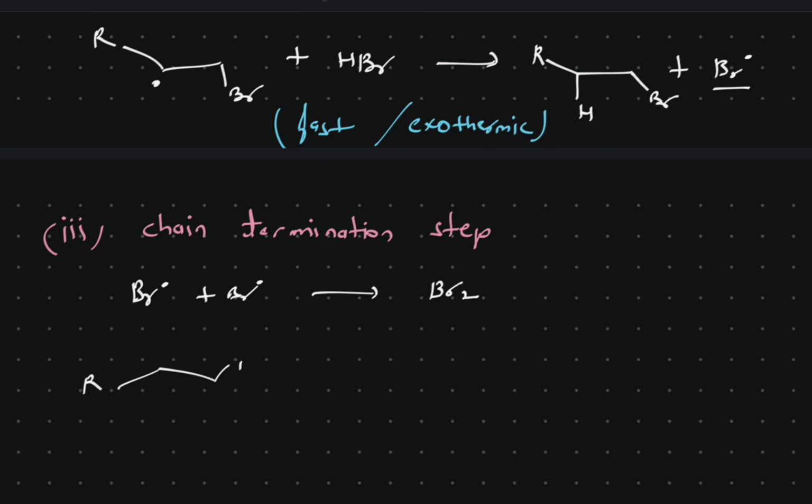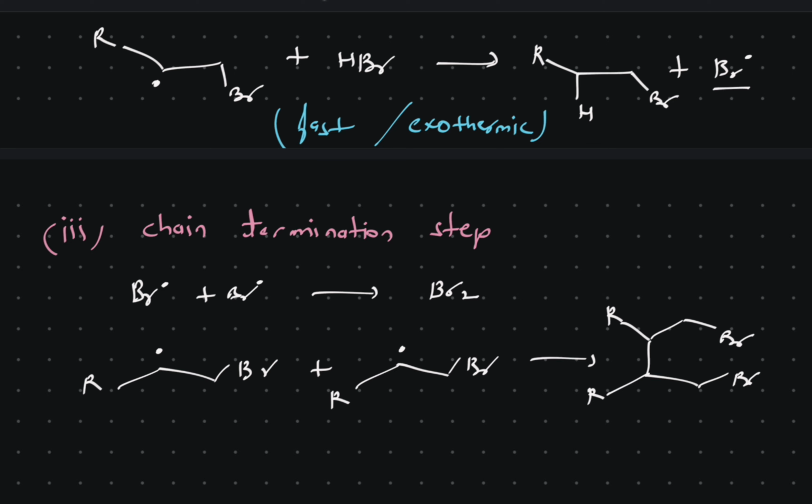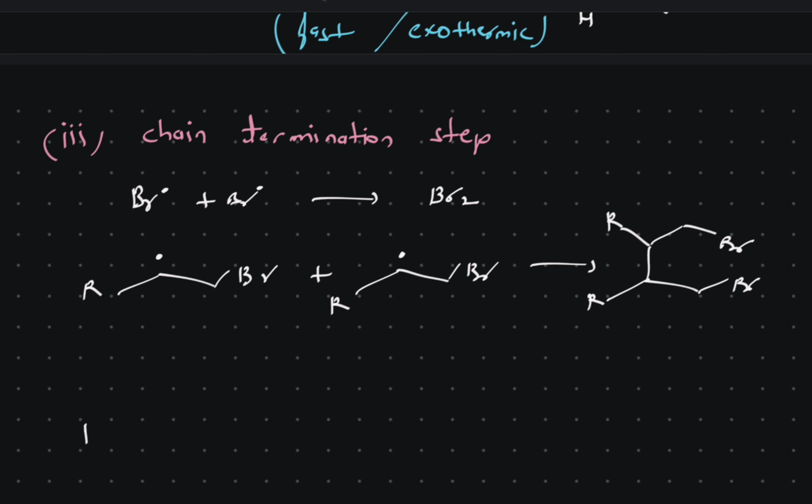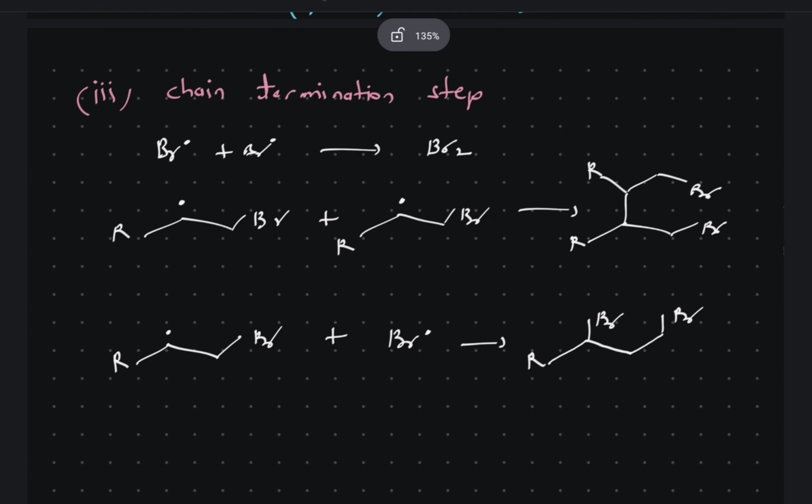The alkyl free radical will also react with itself, and the product will be both substrates attached together. Or this substrate will react with the bromine free radical, and this product is formed. Okay, this is the chain termination step.